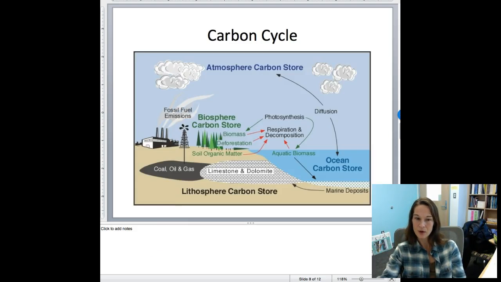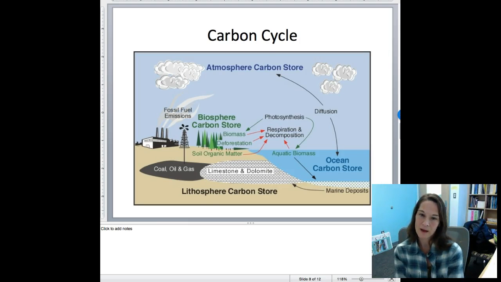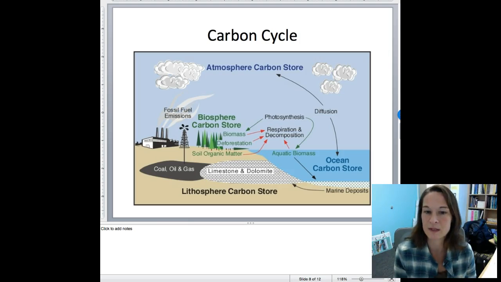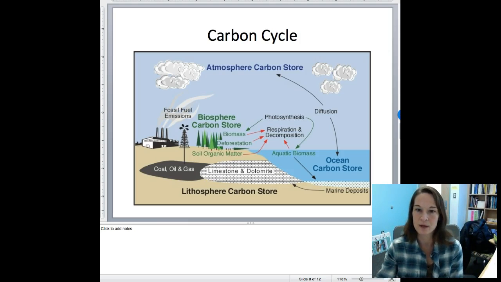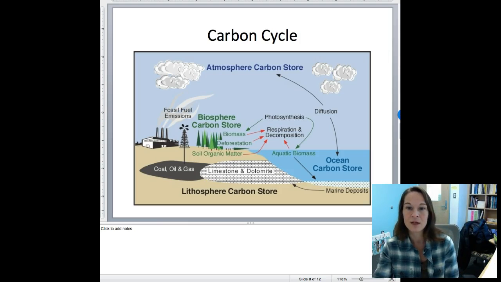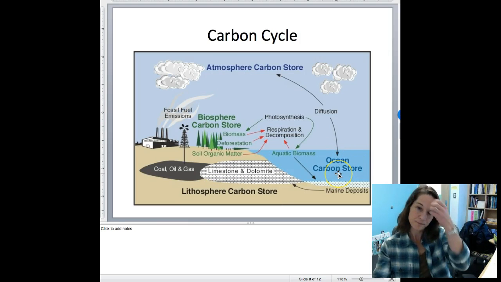Okay, I am going to go now briefly through the three big cycles that I want you guys to know and just point out some important things to think about in each of these cycles. So the first one is the carbon cycle. Obviously, it is the nutrient carbon cycling around between the atmosphere, the lithosphere, the biosphere, and then the ocean here.